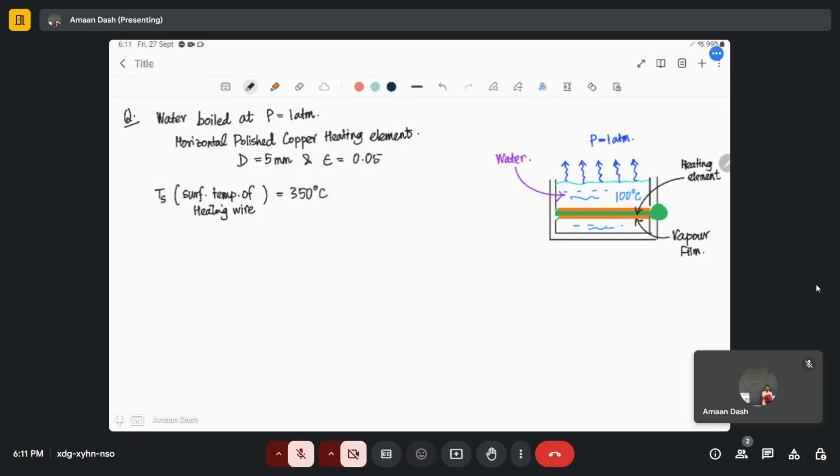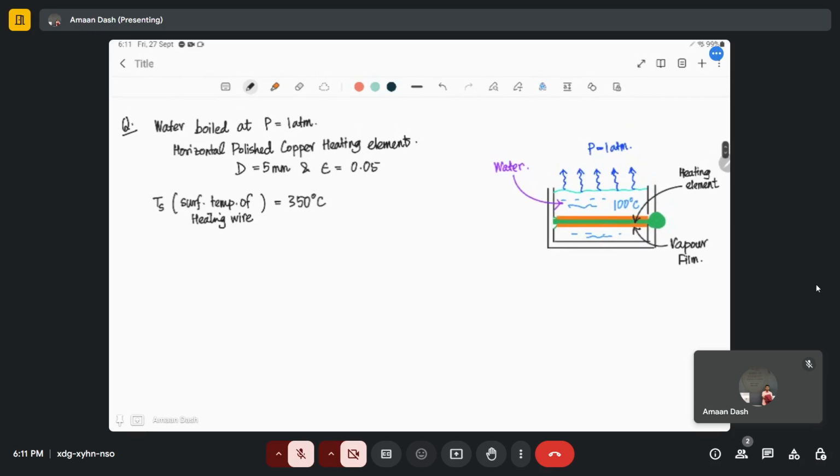Assume steady state operating conditions exist.